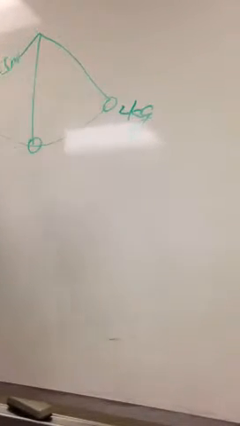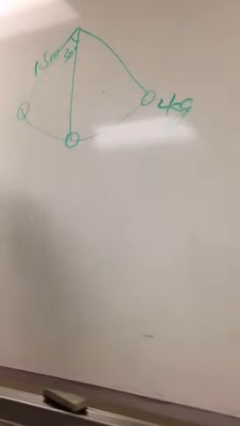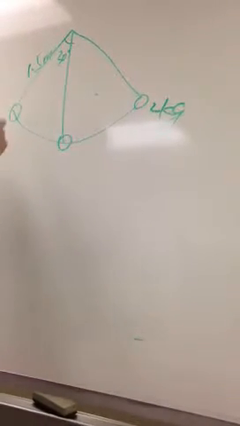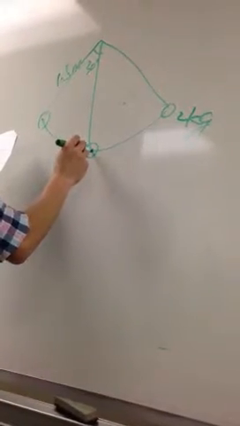Radius is 1.5 meter. The maximum angle is 30 degrees. What is the speed of this object at the bottom?